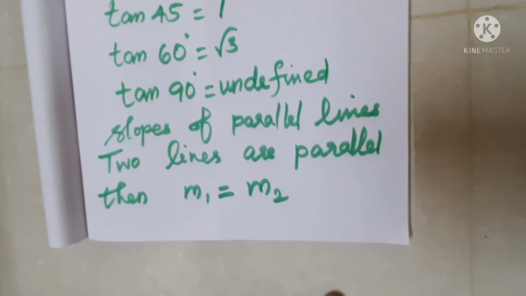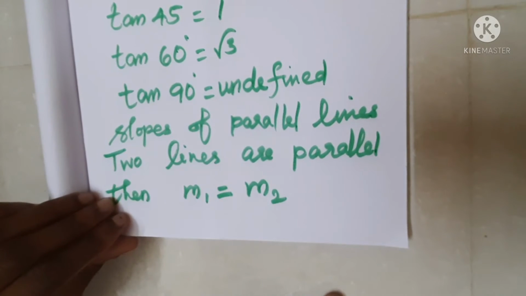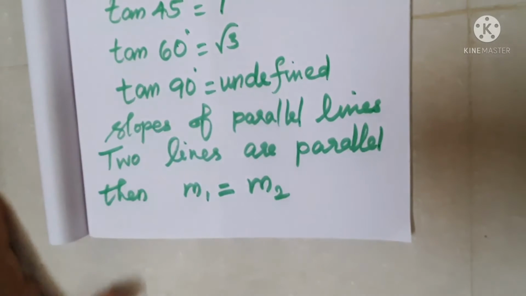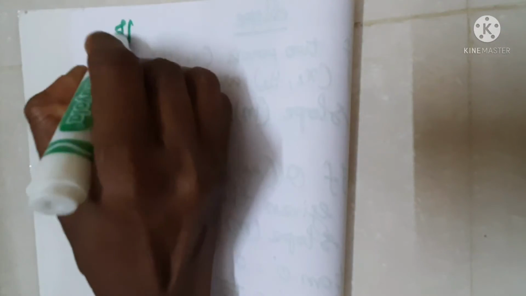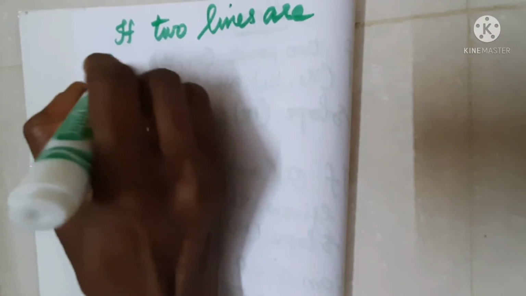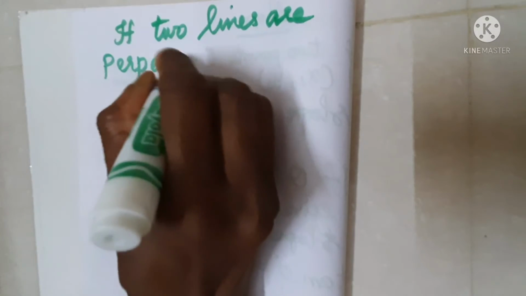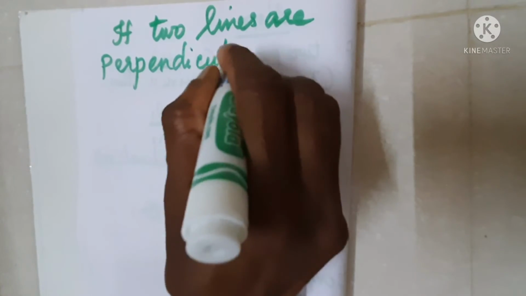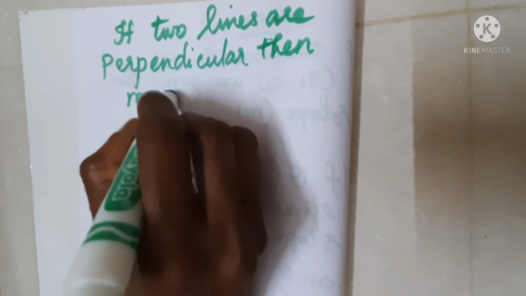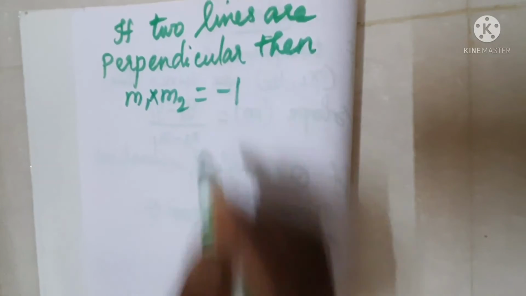So if the two lines are parallel, then m1 is equal to m2. Same like that, if two lines are perpendicular, then m1 into m2 is equal to minus 1.